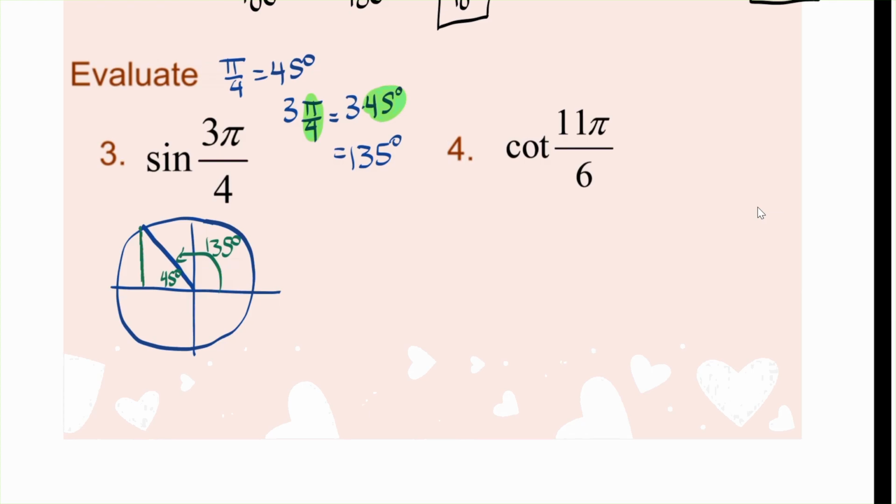I can drop my line down to the x-axis. Here's my right angle. I can see that I have a 45, 45, 90 right triangle, which means both of the sides that are not the hypotenuse are going to be radical 2 over 2.